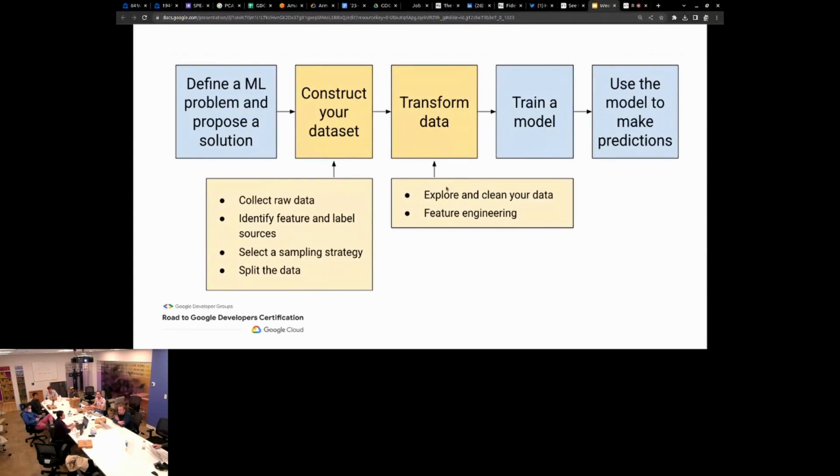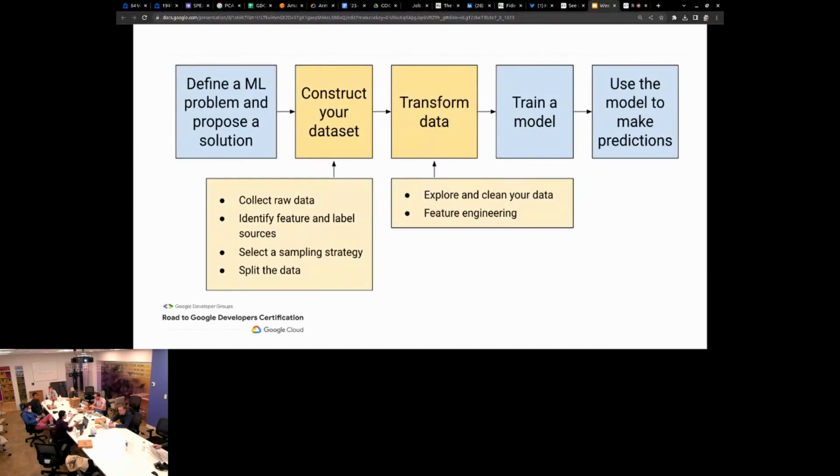Okay, so this is the slide that I was looking for, like a slide before this. I thought these two are back to back. When I was talking about constructing the data, basically we are talking about how to efficiently collect the raw data and how to explore this data to figure out which ones are the features that we are looking for and what we can use to identify them. We also need some sampling strategy and how to split this data.